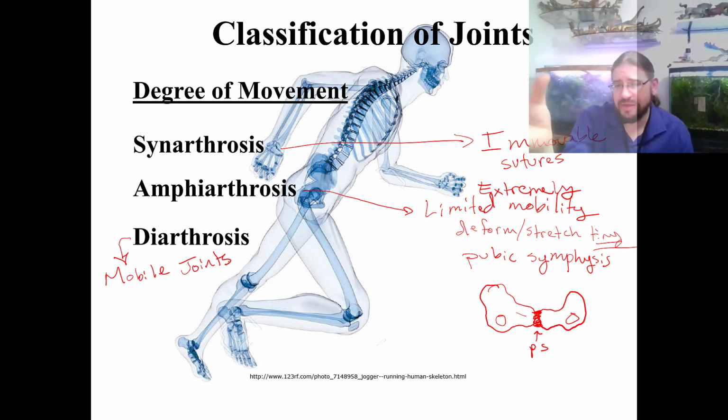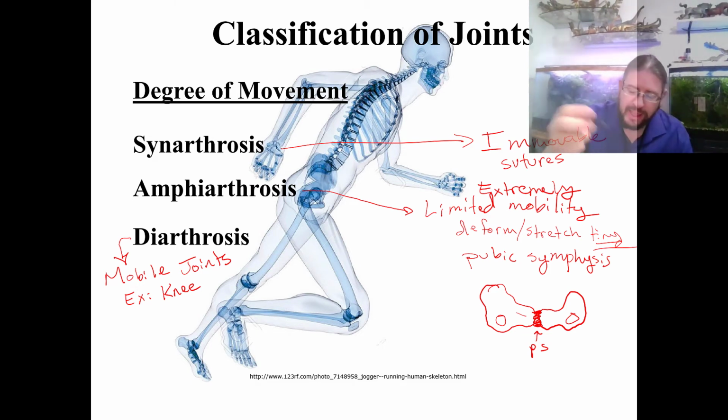The saddle joint of your thumb, your extremely complicated knee joint, the ball and socket of your femur and your hip and the acetabulum, gliding joints of the ankle, all that stuff. Those are all diarthroses. So we'll talk a fair amount about the knee on account of it likely being the most complex joint in the body.